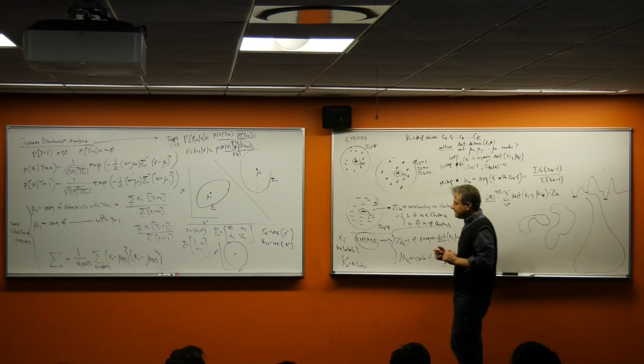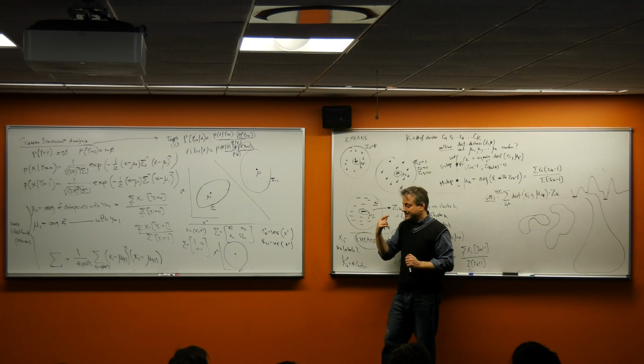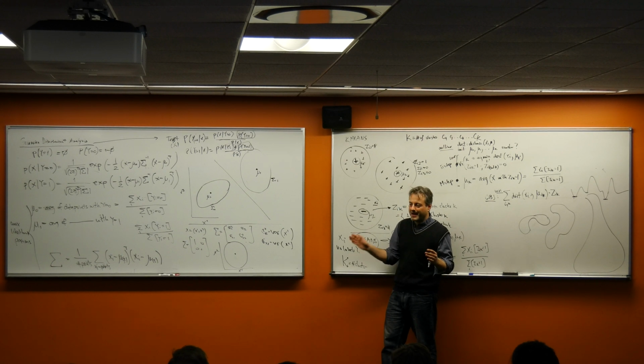Now, I want to map this concept of wanting a ball around the center to the concept of what the Gaussian is. So what's the analogy? What did we say? When do Gaussians work well? I want to roll back 10 minutes.